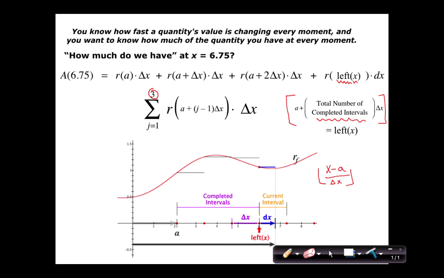This left of x is a second rounding function that we just made up, and we just called it left because that describes what's going on. If I want to talk about what's left of this, which is x equals 3, oh, it's that x value with the red dot. What's left of this current x here? It's that one. So for every x value, there's only one value of left of x.